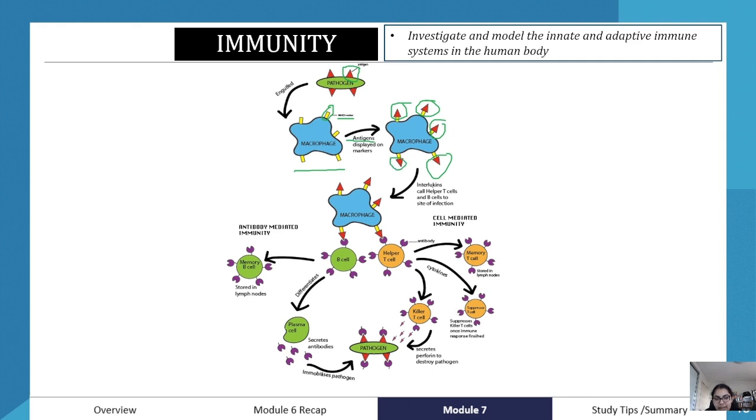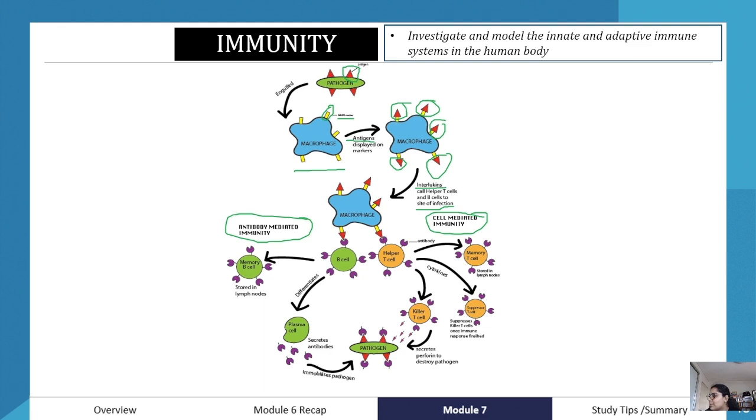And then interleukins, which are proteins in the body, call helper T cells and B cells to the site of infection. Then macrophages present these antigens here, and basically we've got antibody mediated immunity here and cell mediated immunity here.